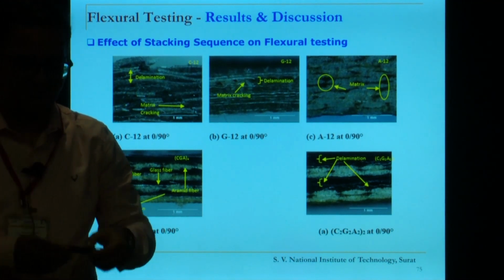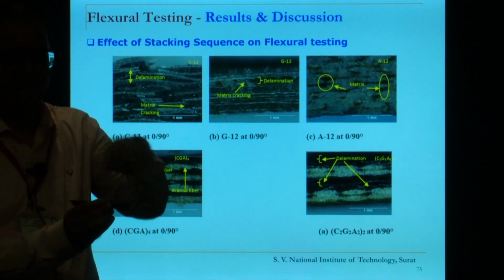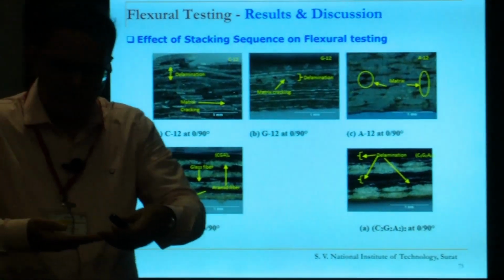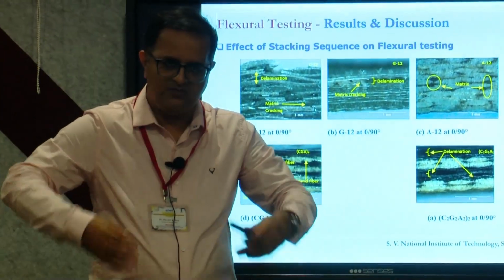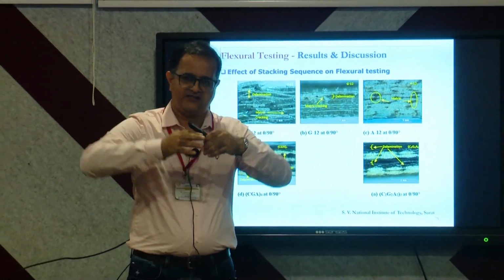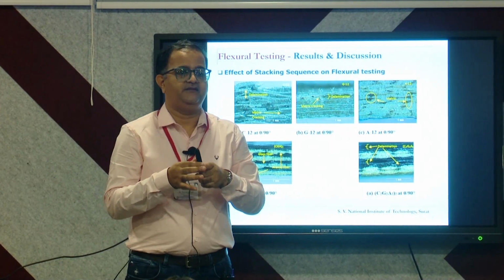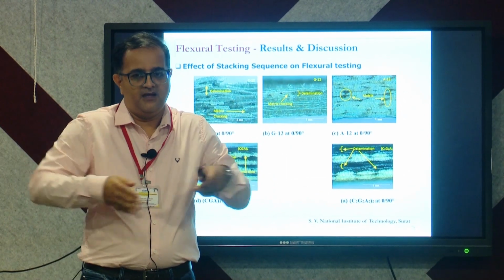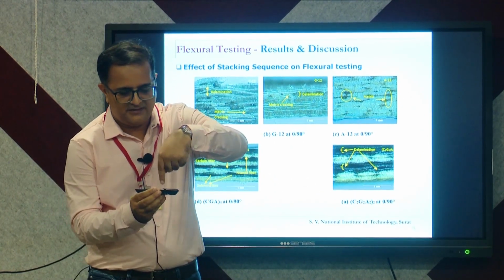What does that mean? There are two things. Suppose they were unidirectional, only in 0 degree. Some of the layers would have to get elongated more at the bottom, and upper layers would elongate less, but at some point before they break, they will have to get elongated. The other option is 90 degree.